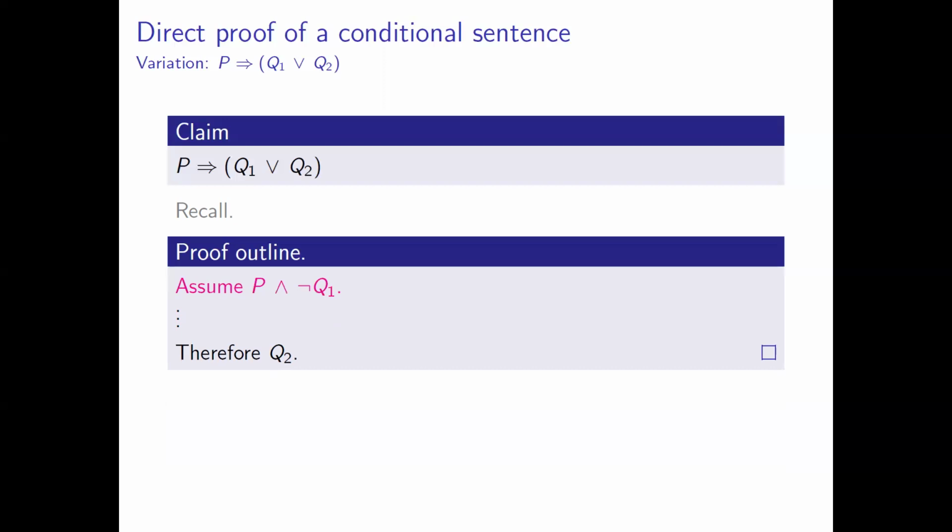Assume P and not Q1 and prove the condition Q2. This is the same as showing the conditional sentence if both P and not Q1, then Q2. Recall that this propositional form is logically equivalent to P implies either Q1 or Q2.